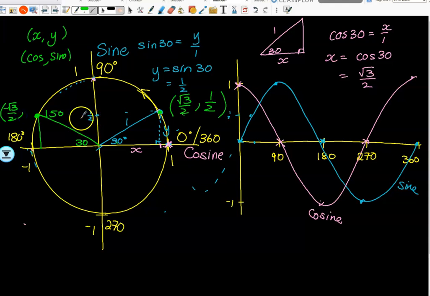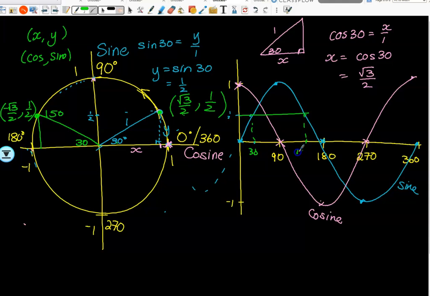And how high has it gone? Half. So I now know cos of 150 is negative root 3 on 2. Check it out. Is it? Or am I just lying to you? And sine of 150 is half. That corresponds, here's 150, here's a half, right?